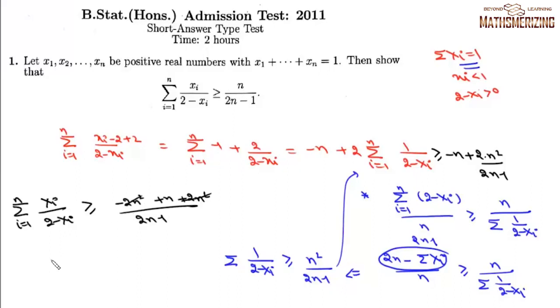Here 2n square will cancel. So from here we can say the summation xi upon 2 minus xi is greater than or equal to n upon 2n minus 1, which is what we need to prove in this question.